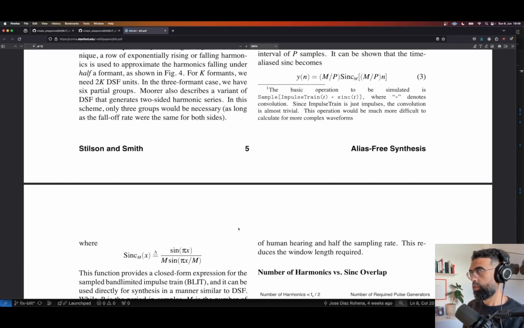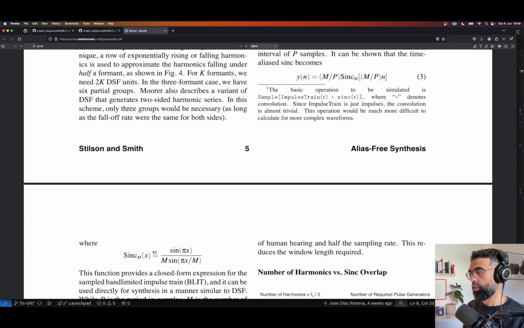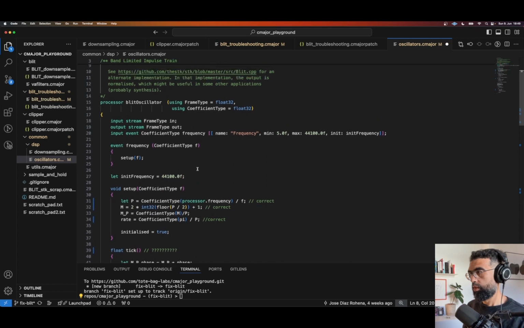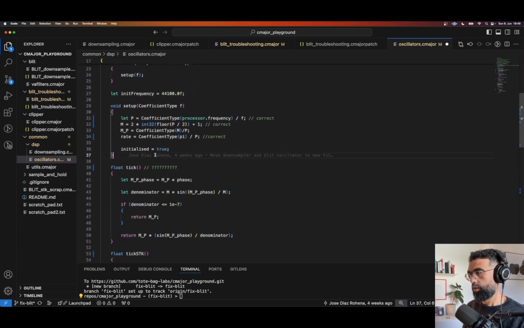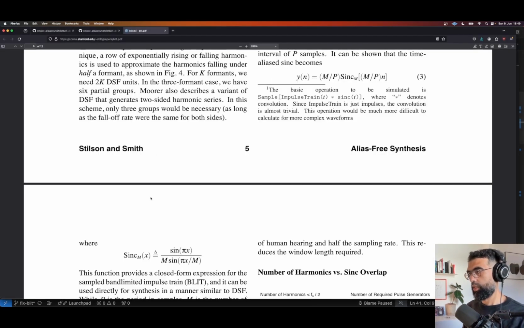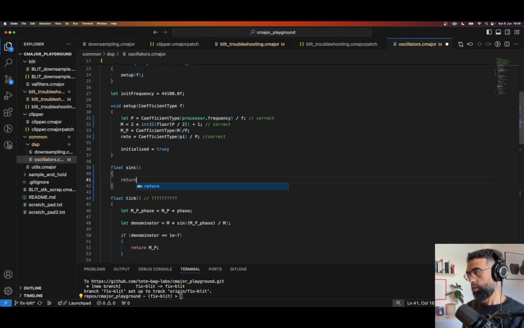So the first thing that we should do is let's separate out the sinc function. Float sinc. Return sine times.